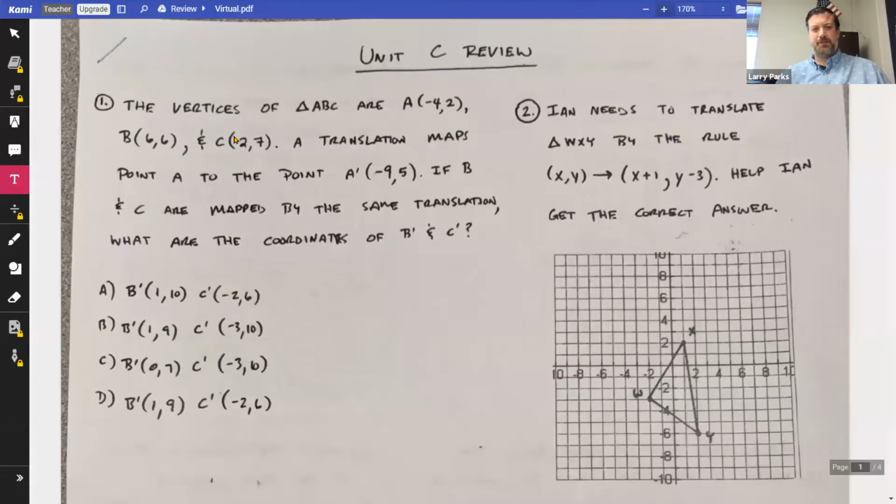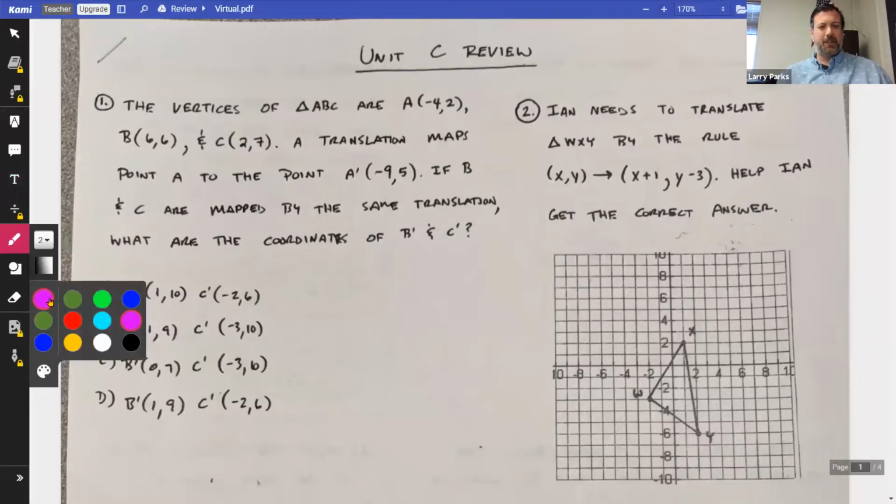So number one, the vertices of a triangle are as shown. And then a translation maps point A to the following point A prime. Okay, so we have to look for the pattern and go, okay, what happened?